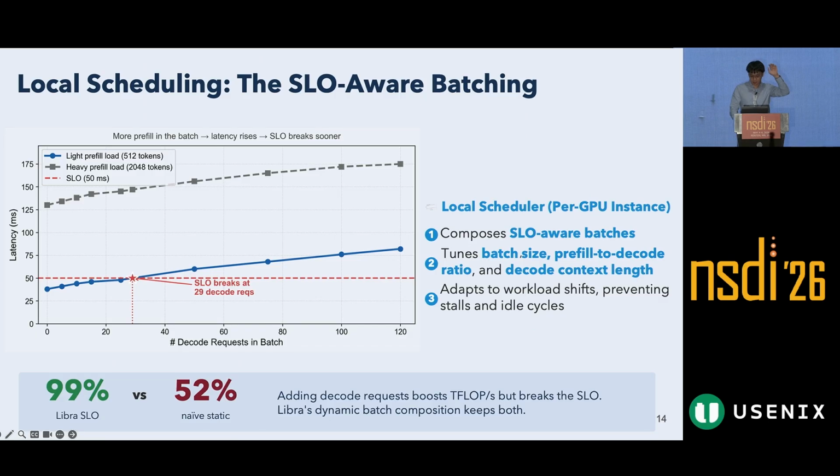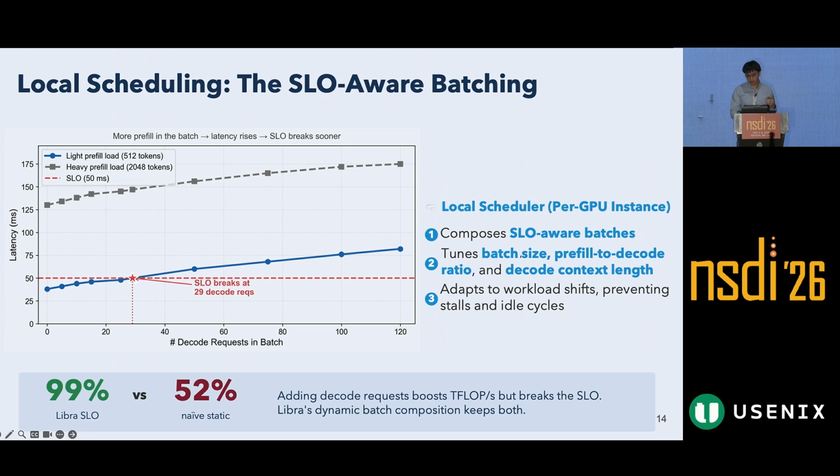As we can see from this figure, for a heavy prefill like the gray one, we cannot add any decode request to this batch. And for the blue one, we can add some decode tokens to this batch, around 30 tokens, before it breaches the SLO latency.